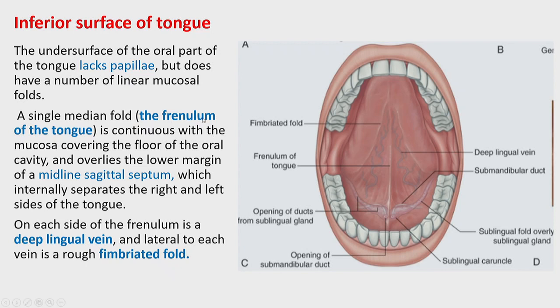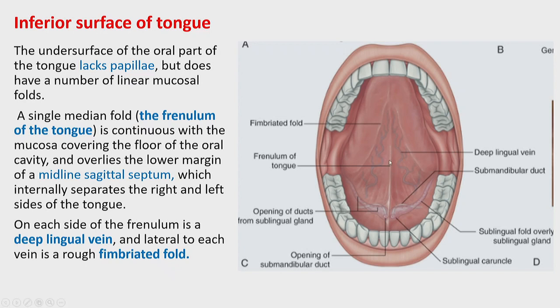So the lingual frenulum is the continuation of the mucosal covering from the floor of the oral cavity going to the ventral, or inferior, aspect of the tongue. And if you continue in this midline deep, you will reach the midline sagittal septum that we said divides the tongue into left and right.